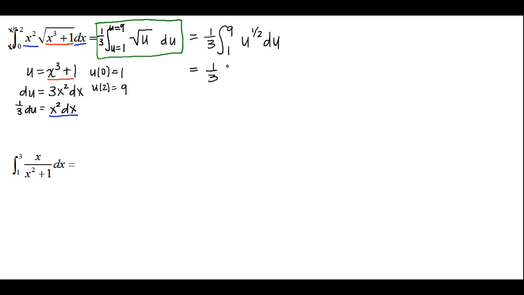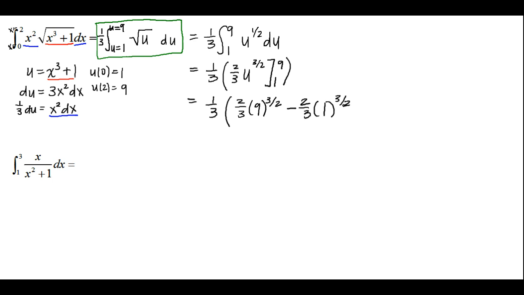So this is 1/3 times, the antiderivative here is u to the 3/2 times 2/3, and I'm evaluating this from 1 to 9. So now this is 1/3 times, now let's plug the 9 in, so we get 2/3, 9 to the 3/2, minus 2/3, 1 to the 3/2.